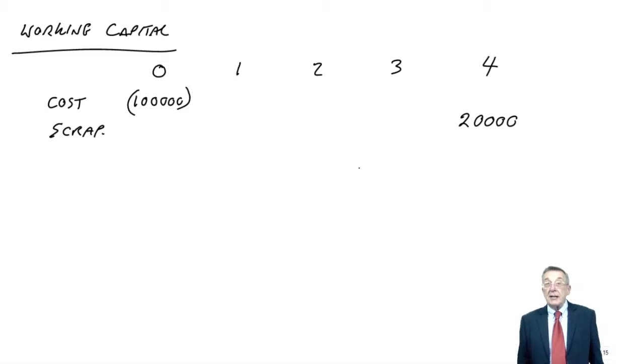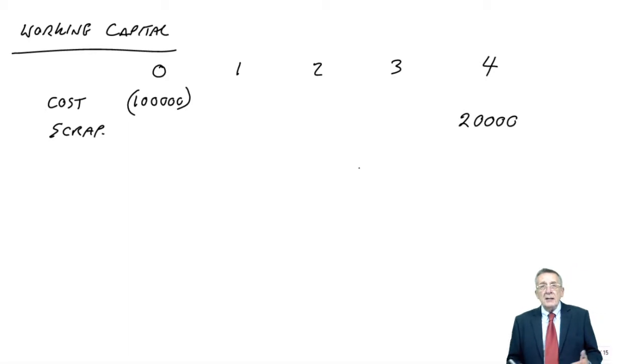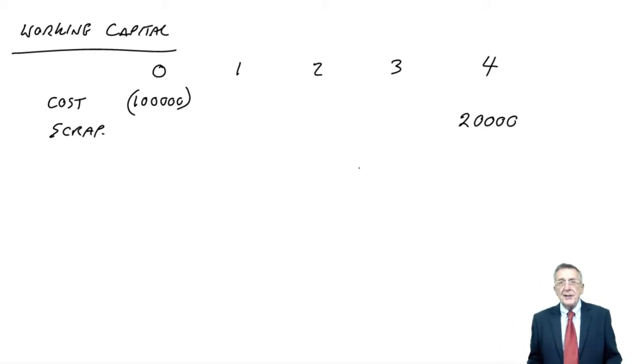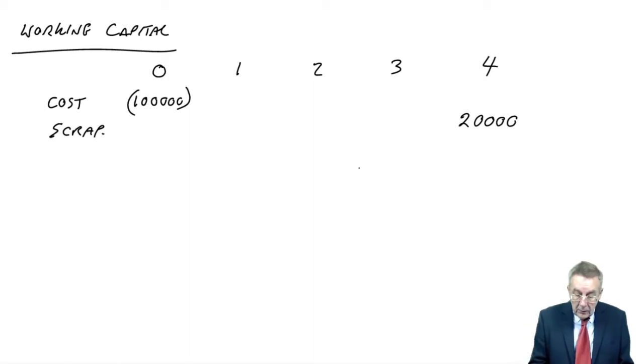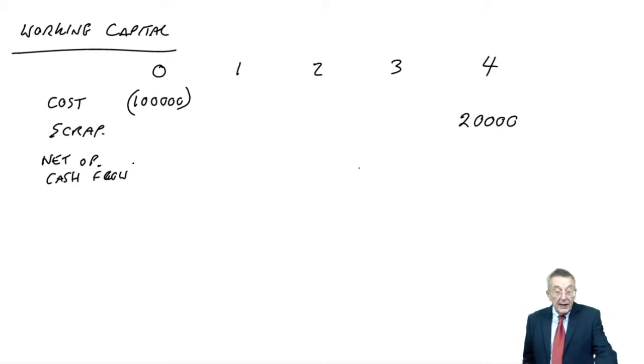The net operating cash flows. Operating cash flows are essentially your profit, but in cash terms, so it's your cash revenue less your cash expenses. We're told we've got an operating cash flow of 30,000 a year for the first 2 years, 40,000 for the following 2 years, and it does say below, and this is the normal assumption, that all operating flows occur at the ends of each year.